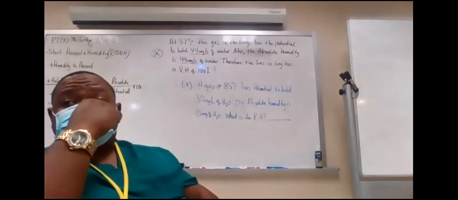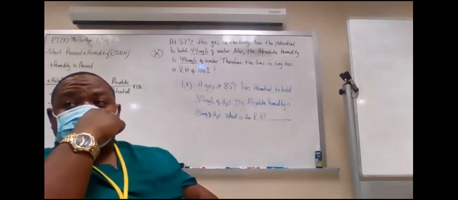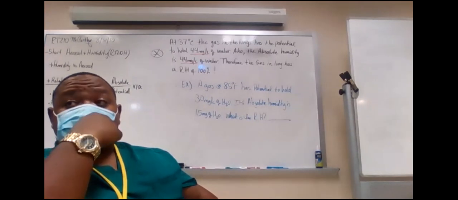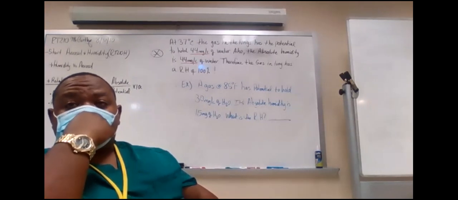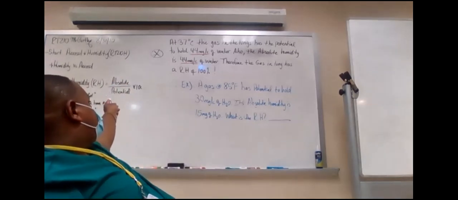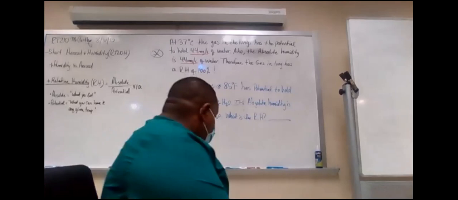All right, DeAsia, what you get? Relative humidity, there's the formula right there. Absolute over potential times 100.